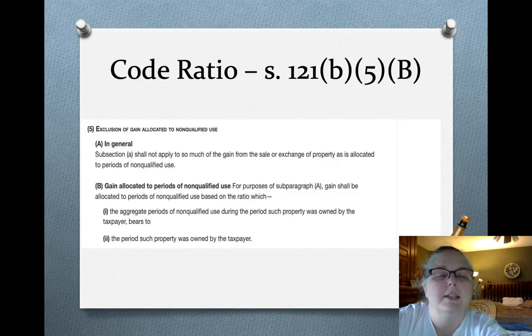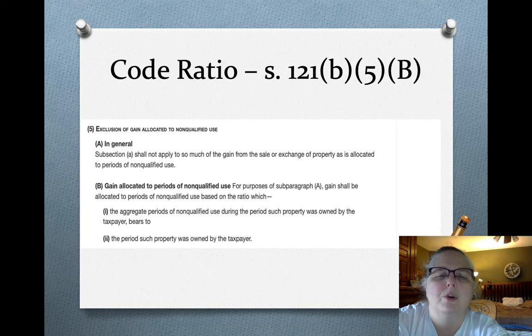And here is an example of a section where we find code ratio. 121(b)(5)(B), where we look at periods of non-qualified use of principal residence. Gain shall be allocated to periods of non-qualified use based on the ratio which the aggregate periods of non-qualified use bears to the period the property was owned.